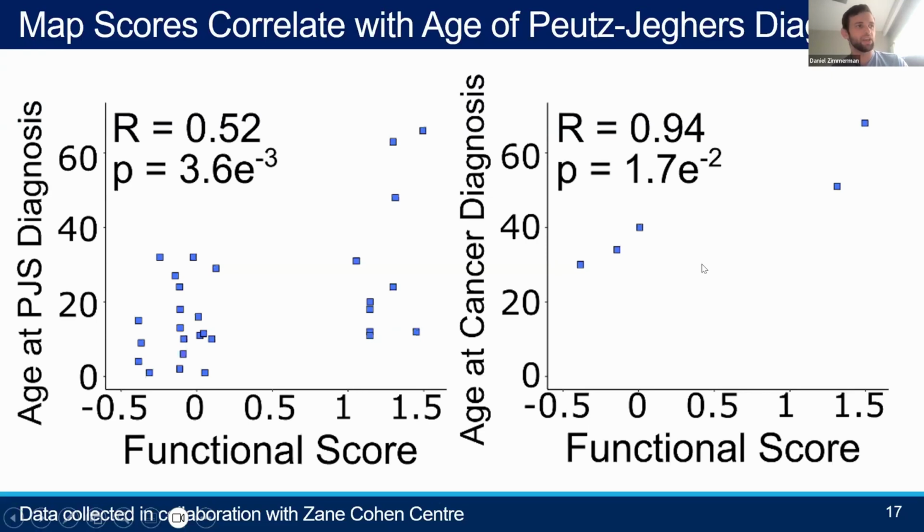But really, this is potentially indicating that we can stratify patients who are in more need of close monitoring and close care, compared to individuals who have a tolerated variant and might have a better outcome and course of disease.